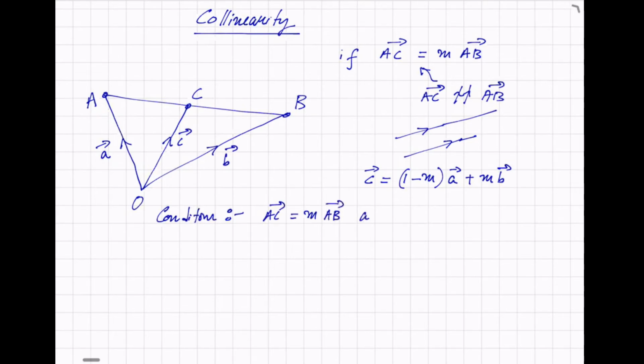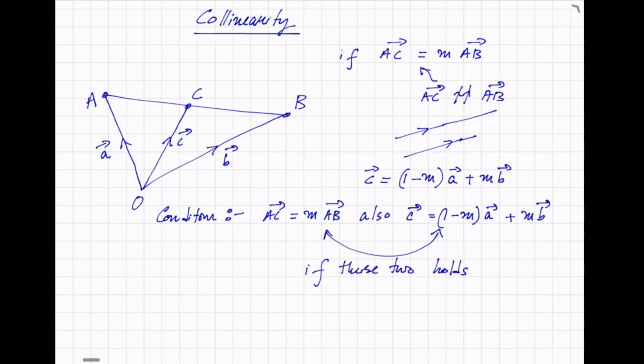Also, C vector should be able to be written as (1 minus m) A plus m times B. If these two hold true, we call A, B, C collinear.